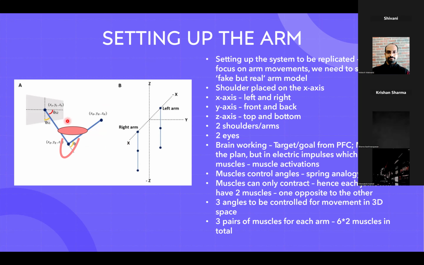Because there are three angles that we have to control, we have three pairs of muscles that define each arm's movements, making it 6 times 2, 12 muscles for both arms: 6 for the right arm and 6 for the left arm. So this is how the arm is going to be set up.